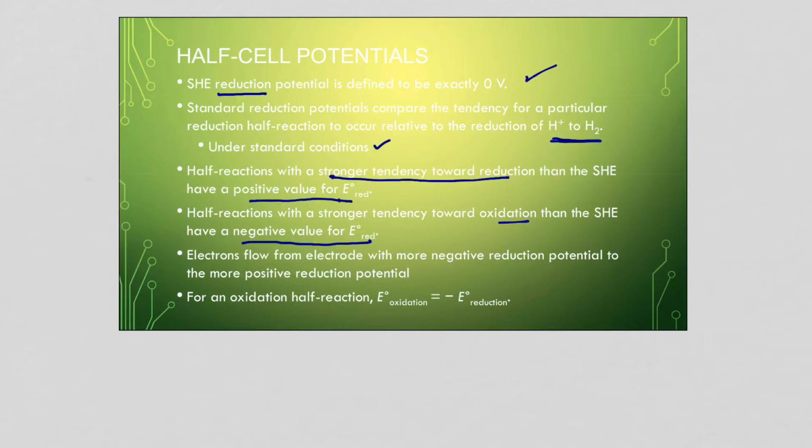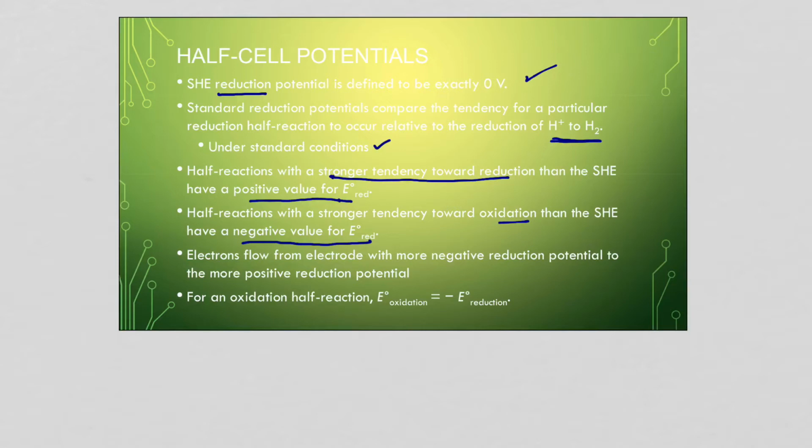And so now we're going to have the series, where we have the SHE with the 0, and then some half cells that have a higher tendency to undergo reduction, so they would rather undergo reduction than the SHE. Those are going to have positive potentials, and then we have ones that are less likely to undergo reduction when hooked up to the SHE, and they're going to have negative reduction potentials.